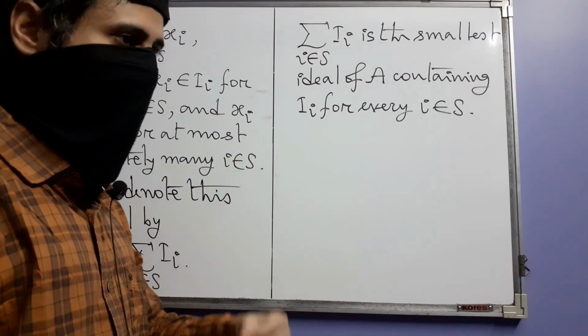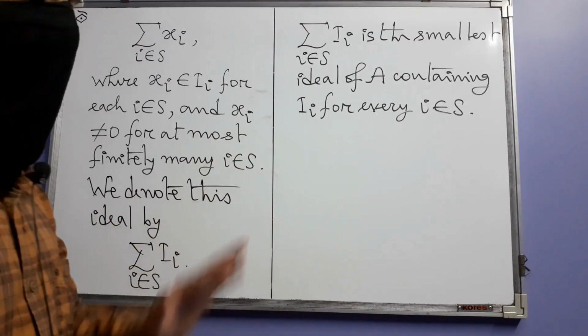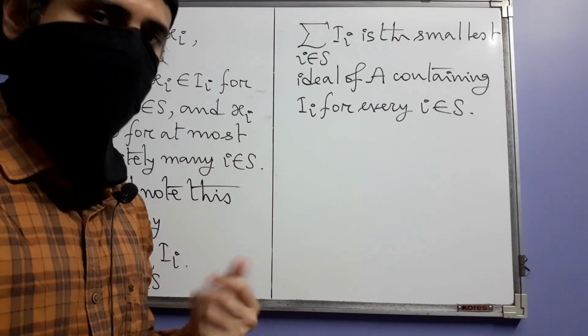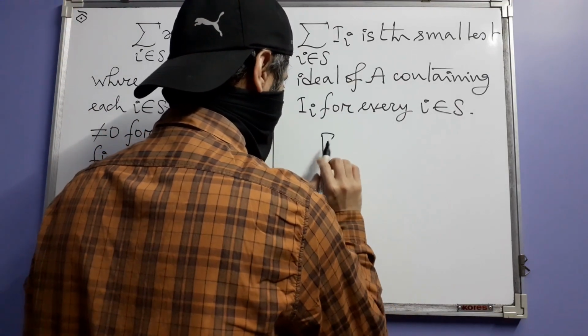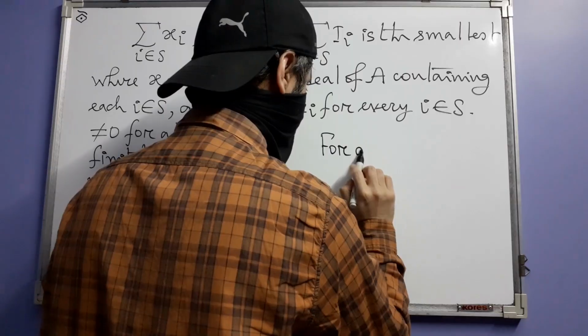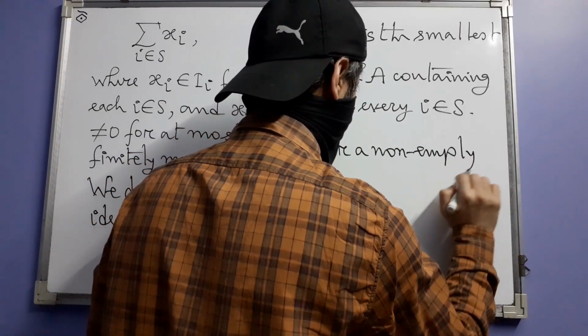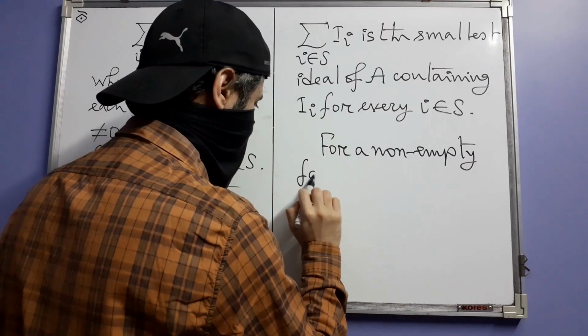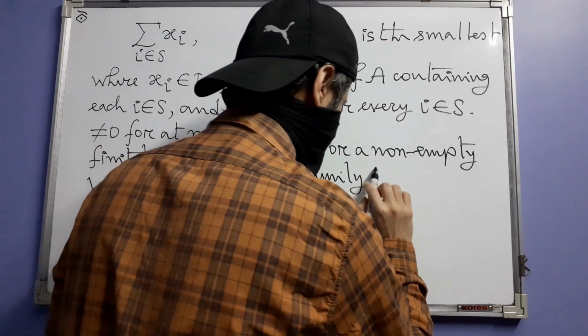First for two ideals and then the general one. Next we come to an even easier case, actually, which we already know. For a non-empty family, so again we are considering a family of ideals.